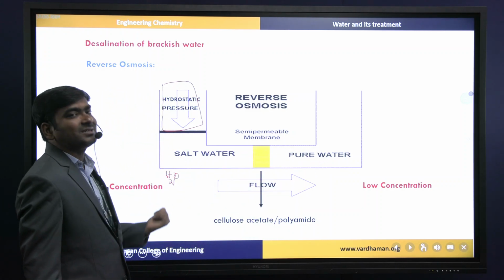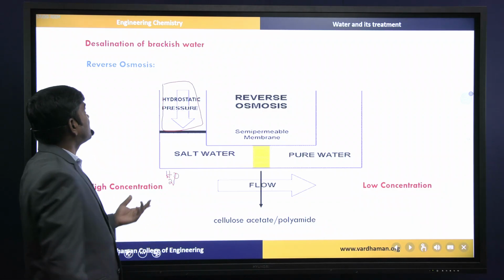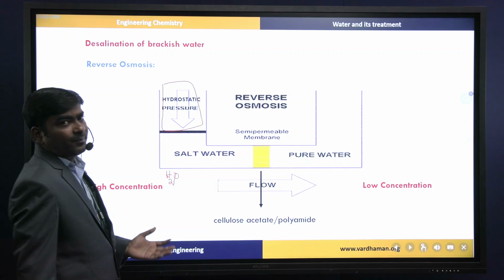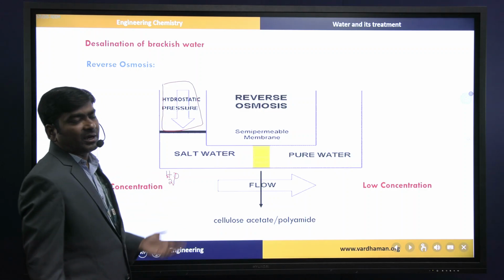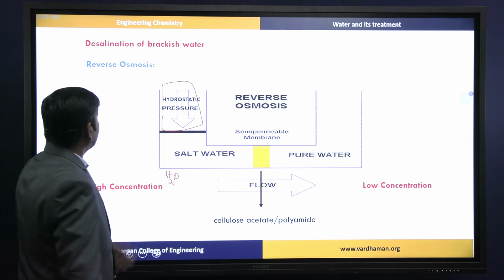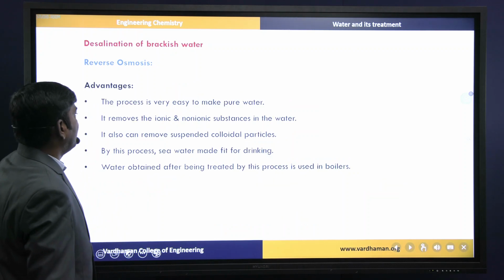That means we are reversing the osmosis. That's the reason it is called reverse osmosis. In this way we are going to purify brackish water or sea water.